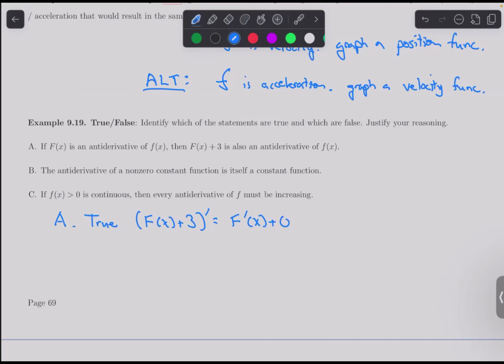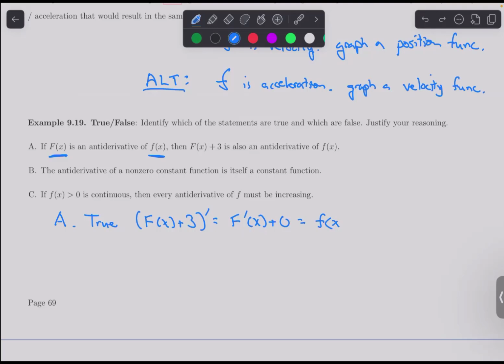And because we know that capital F is an antiderivative of little f, therefore we're going to have little f here. This F prime is something that when you take the derivative of it, you get back to where you started. You get this little f.